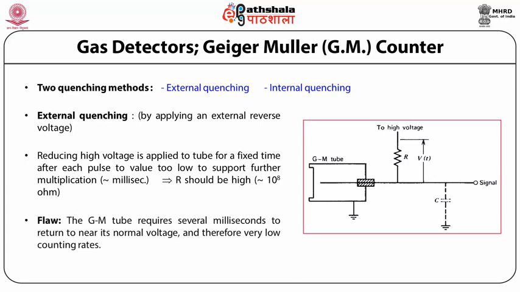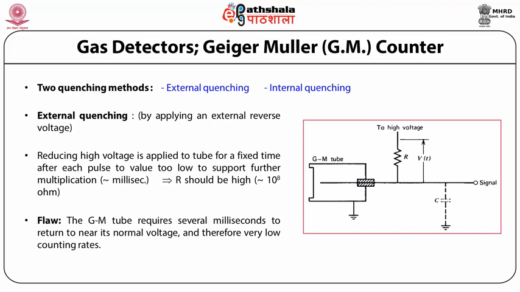This provides an excellent way of quenching multiple pulsing in the tube, but suffers from some disadvantage. What is the disadvantage? The GM tube requires several milliseconds to return to near its normal voltage, and therefore very low counting rates.